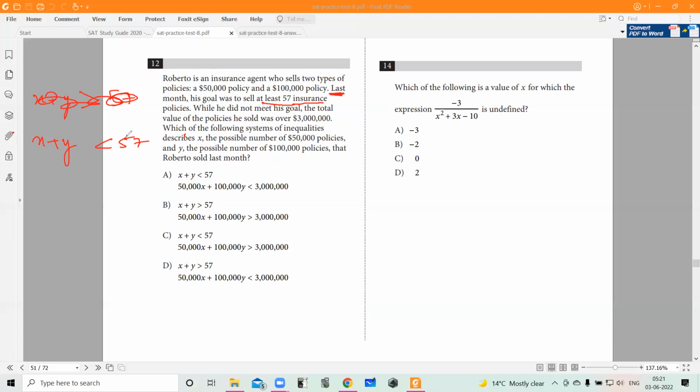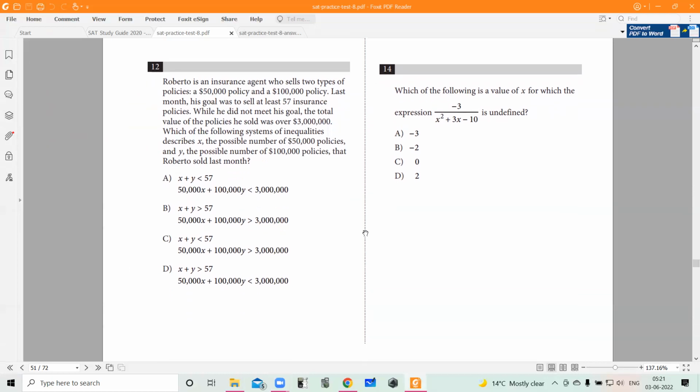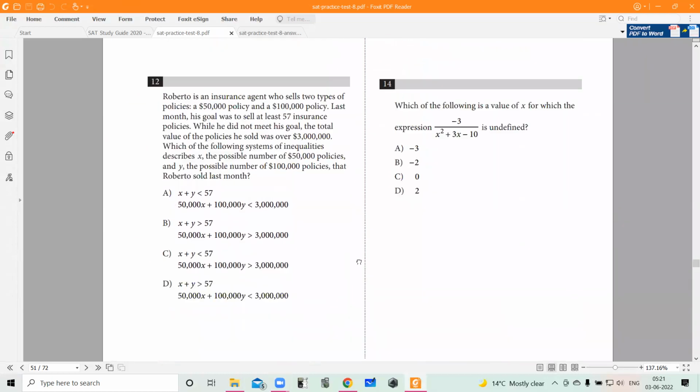He sold over 3 million. Greater than 3 million. So C, that is the answer. Okay, so otherwise it was not A or D. It was C. So be a little cautious in these types of questions.